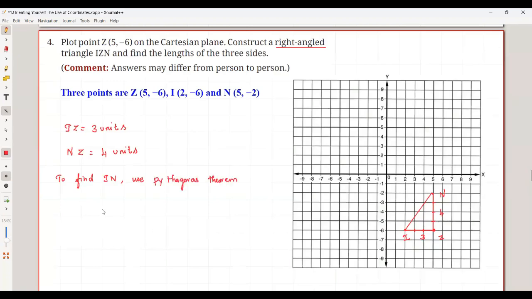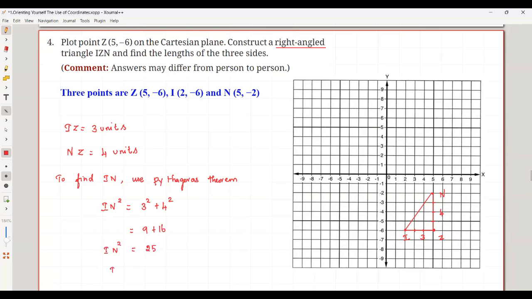Using the Pythagoras property, IN square is equal to 3 square plus 4 square. 3 square is 9, plus 4 square is 16. So IN square is equal to 9 plus 16, which is 25.